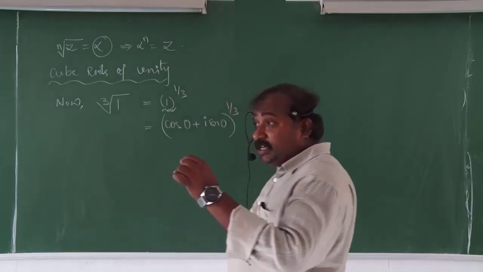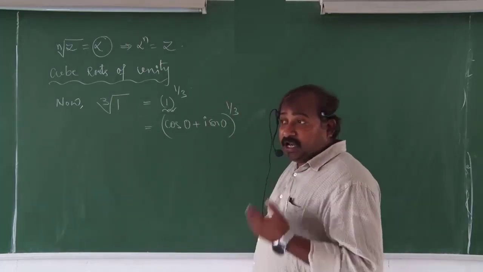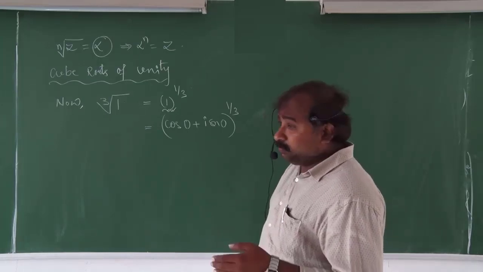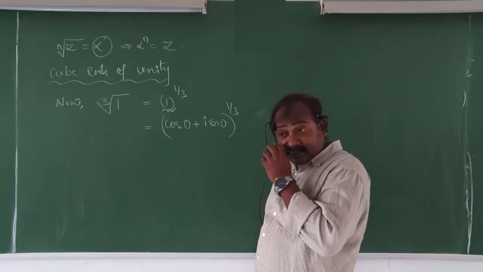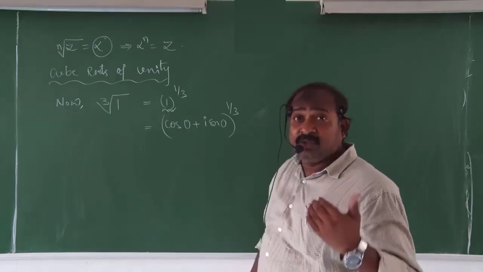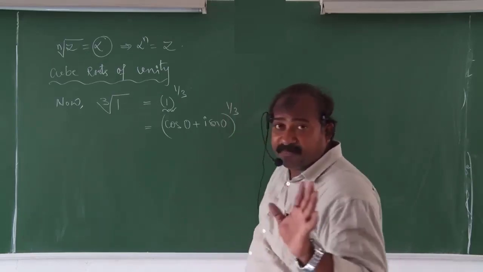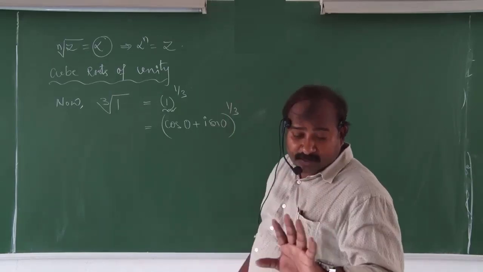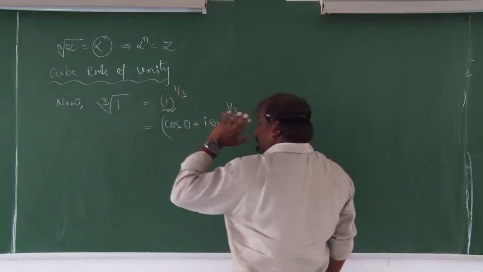This is the standard method, not only for cube roots. Later we can discuss the fourth roots of unity also, then the nth roots of unity also. For every case, this is the method. So first I am discussing the cube roots of unity, which means 1 power 1 by 3.